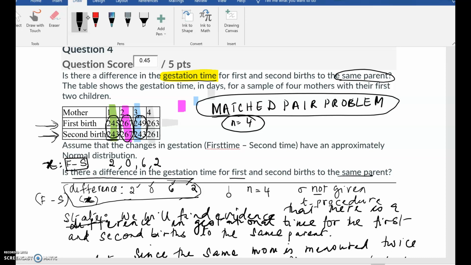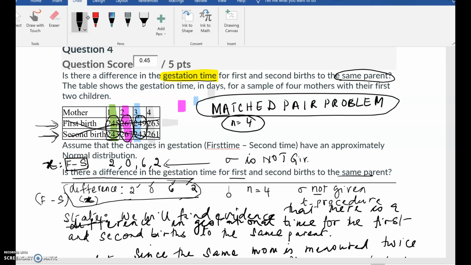The minute we have a new variable, we ignore these 2 sets of data. We are going to work with this. Now what we've done is we've turned it into a single sample problem where obviously this is a new variable that we've created, and sigma, obviously, which is the population standard deviation, is not given.